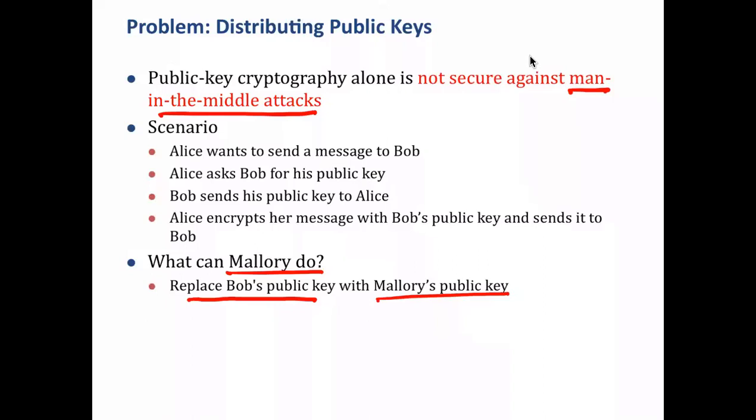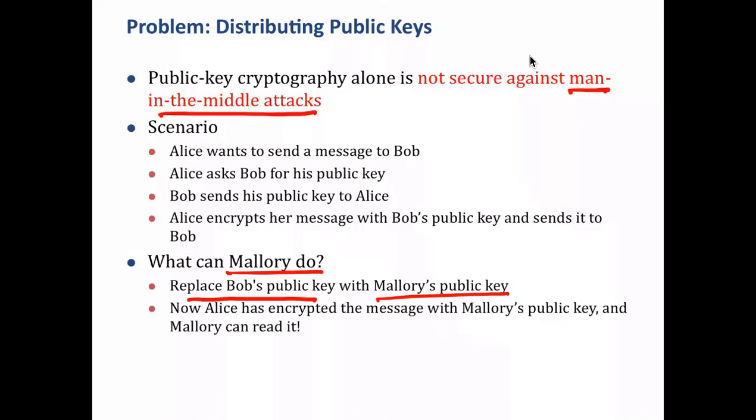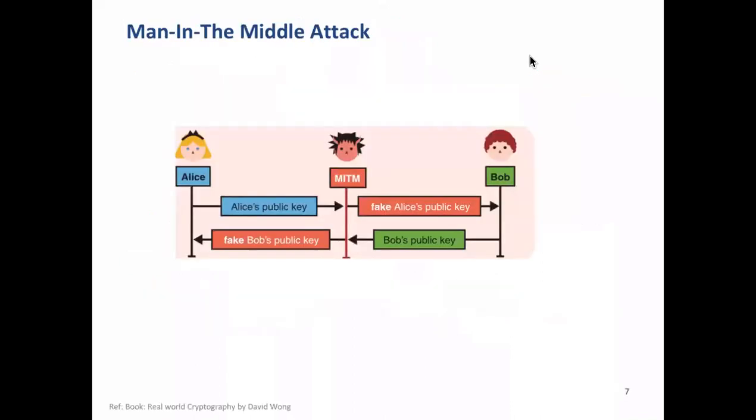Same way, when both communicate, Mallory is in between, she can always read and change the contents. So it can be something like this. Okay, so when Bob is sending the public key, because Bob's public key has to be known to Alice, when Bob sends it over an insecure channel, in between Mallory can read this.